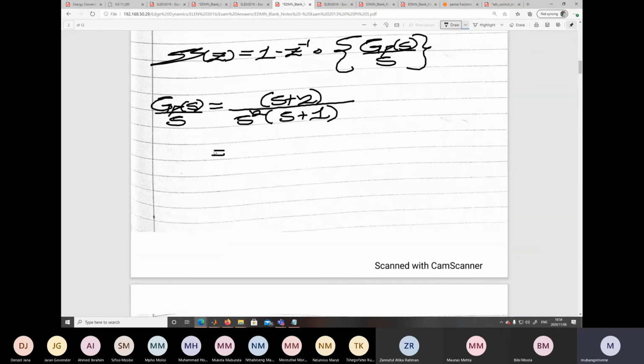Coming back here, our partial fractions are 2 over S squared plus 1 over S plus 1 minus 1 over S. Now we go use our Z transform standard tables, right?